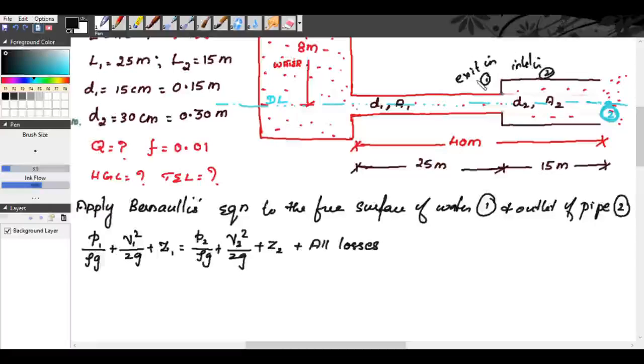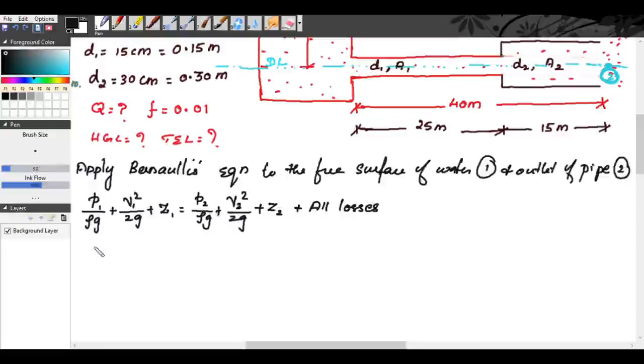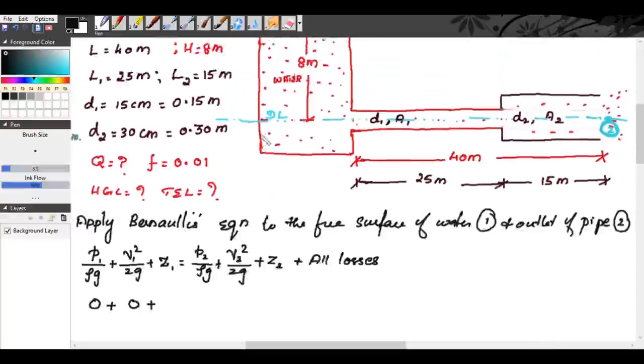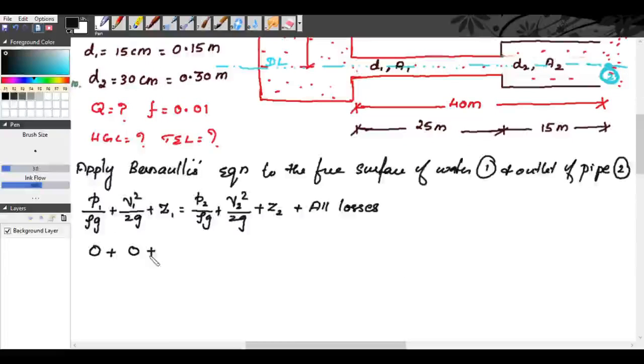Now, in the free surface, we know pressure head P1 by rho g will be equal to 0 plus the velocity head on the free surface of water will be equal to 0 plus Z1. So this is our datum line. So Z1 is 8 meter. 8 is equal to P2 by rho g.